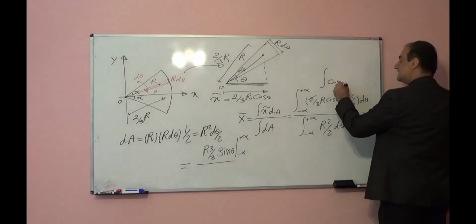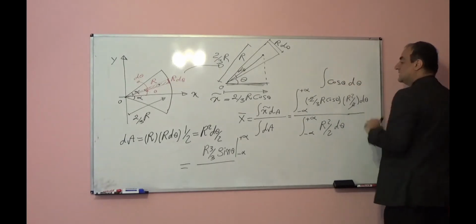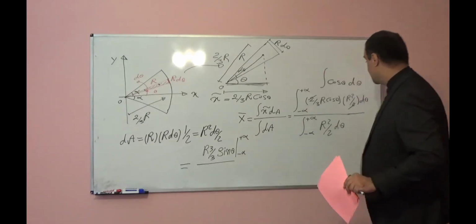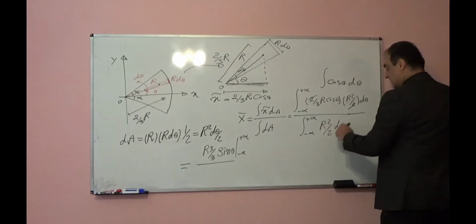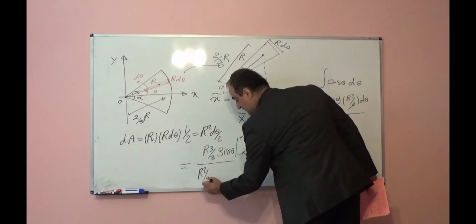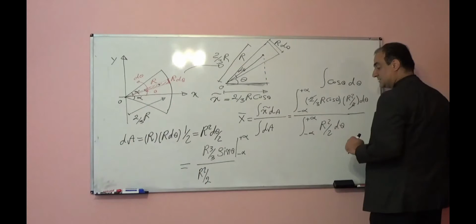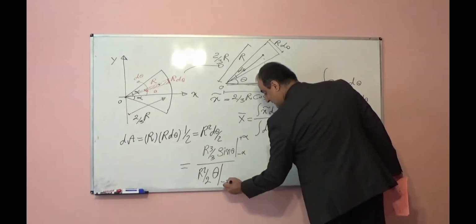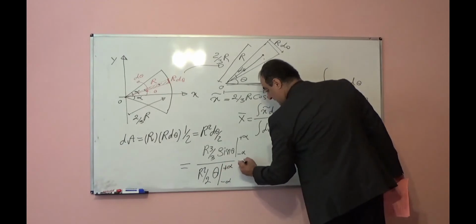So here I will integrate only cosine theta d theta. Integration of cosine theta will be sine theta. Here again, r squared over 2, because it is constant, I can pull out of integration. I will integrate only d theta. Integration of d theta will be theta from negative alpha to positive alpha.